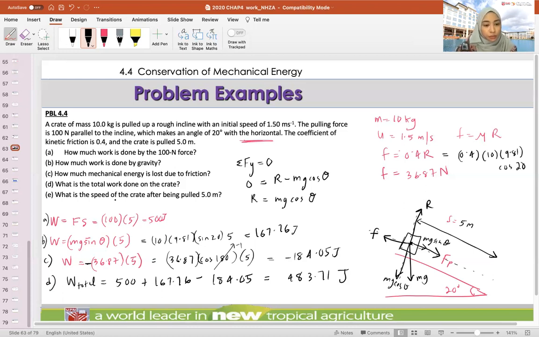So what is the speed of the crate after we pulled 5 meters? So we started with u, which is 1.5. How do we know what the v is over here? How would we know? If we use the approach initial energy equals final energy, how would we do that?